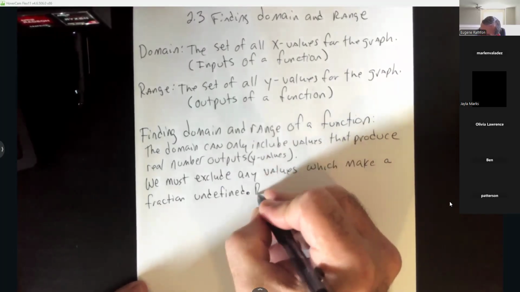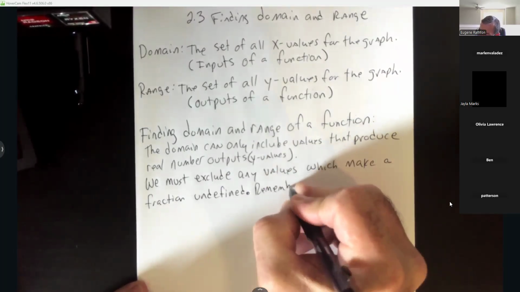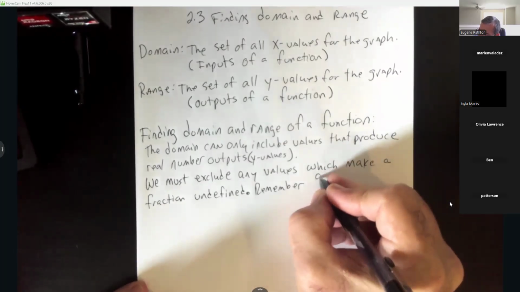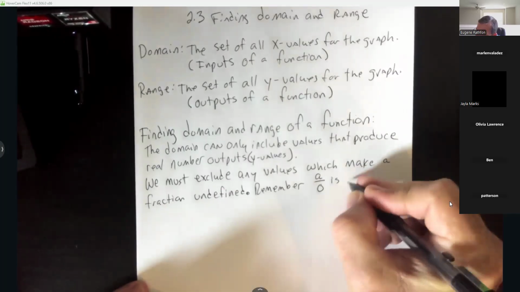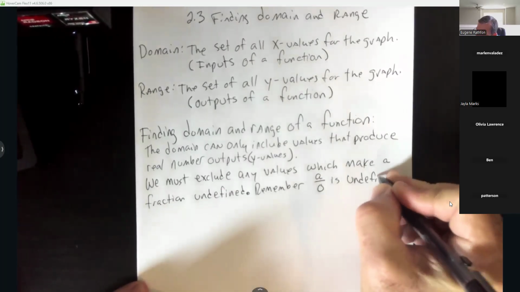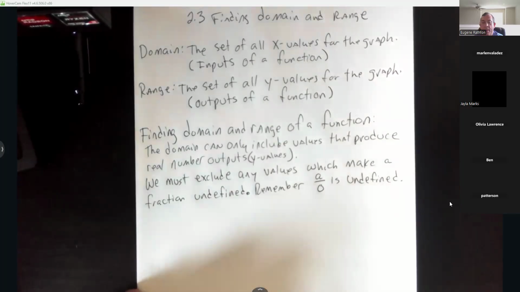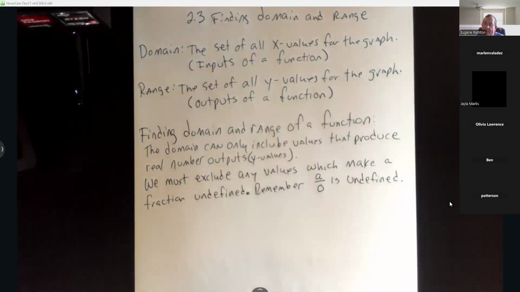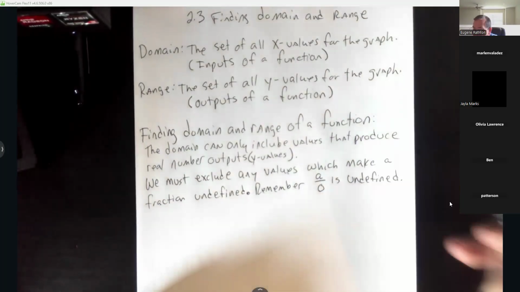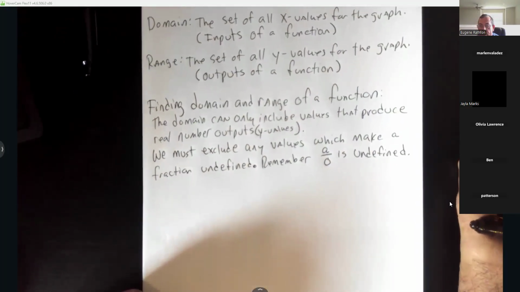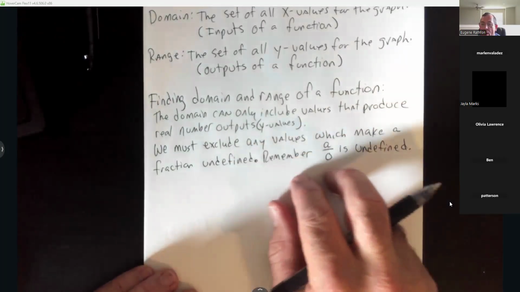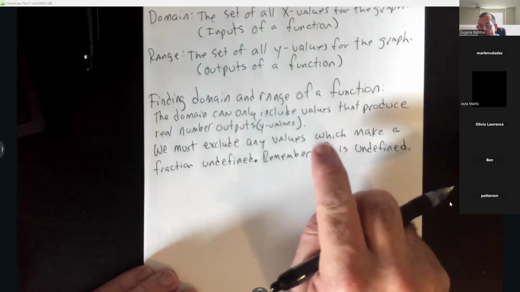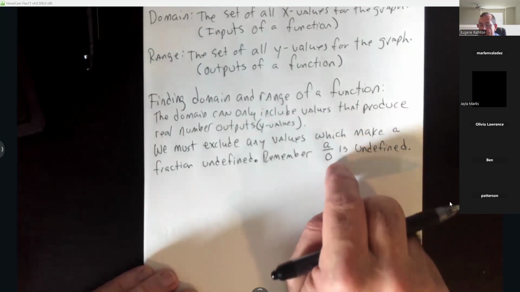So remember, any number divided by zero is undefined. And you can't plot a y value that is undefined. Okay? So my domain can include all numbers except numbers that make a fraction undefined.